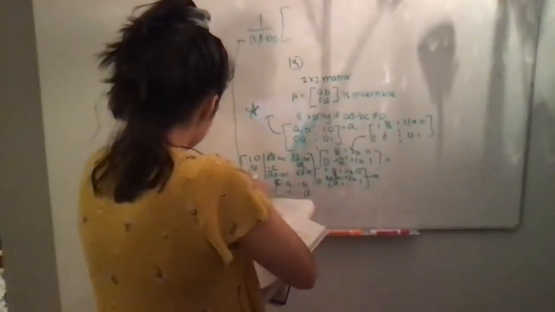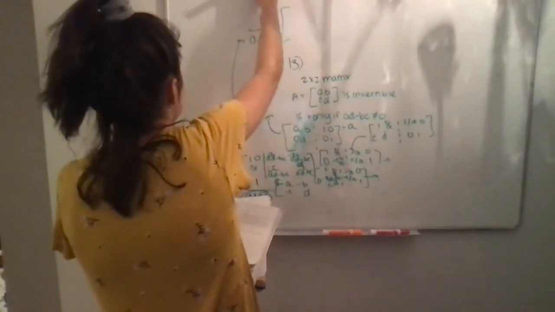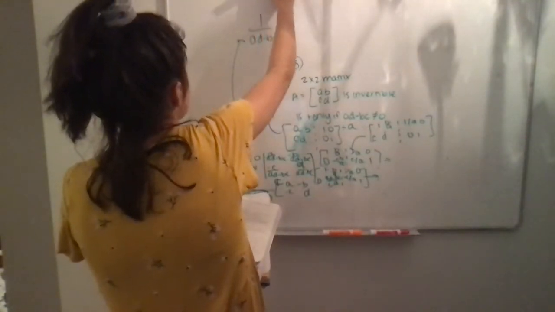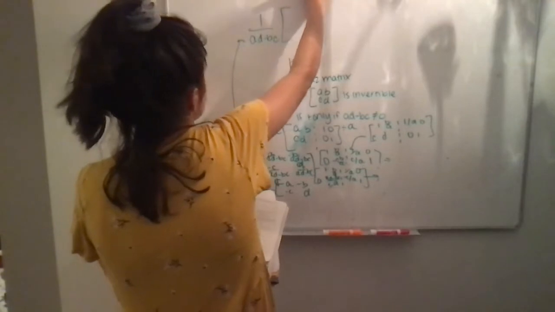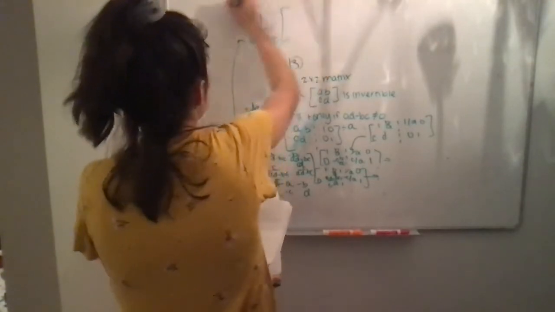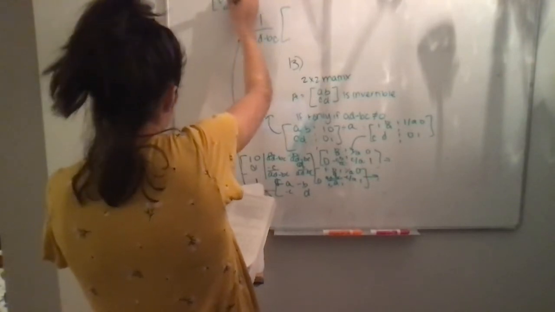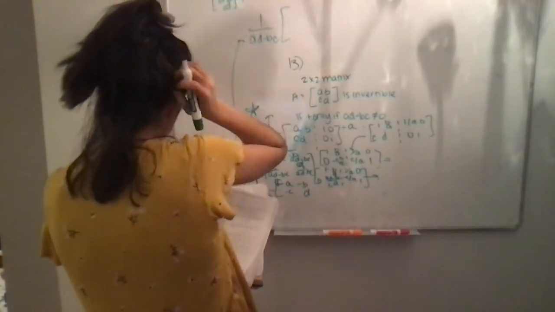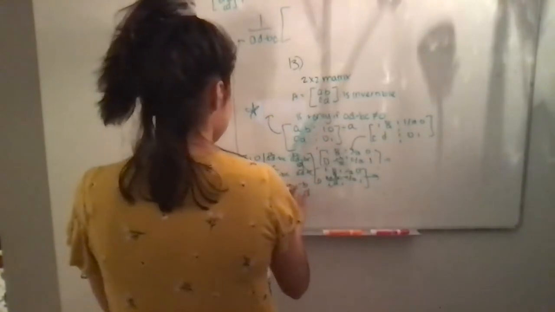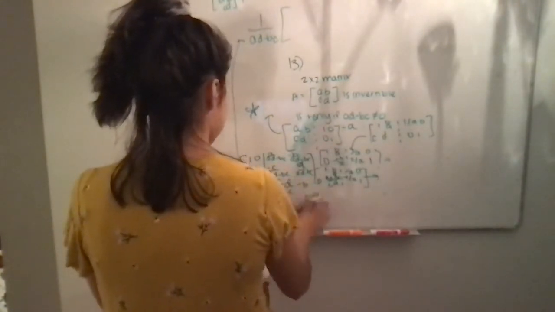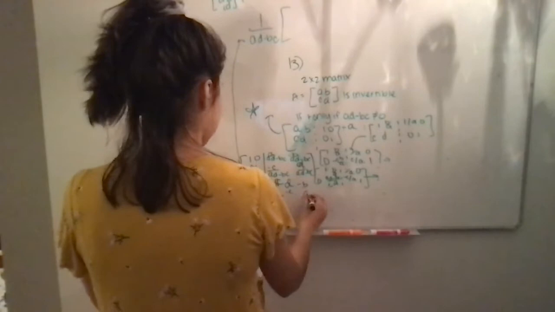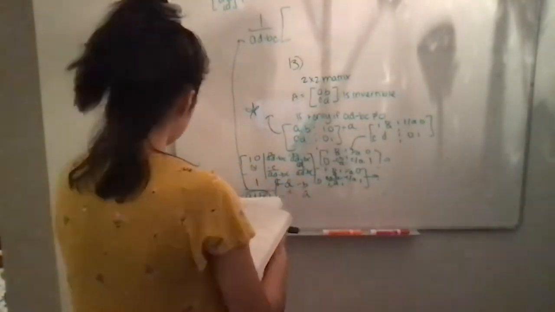So if A, B, C, D is invertible, then you have to be able to write it as A, B, C, D to the -1. Sorry, y'all. Down here, this should say D and this should say A, by the way.